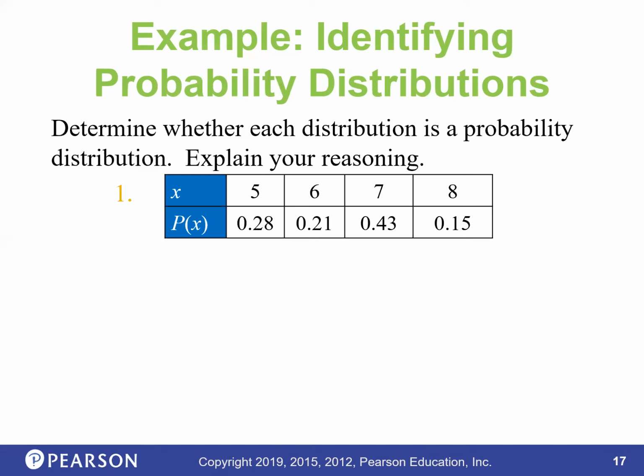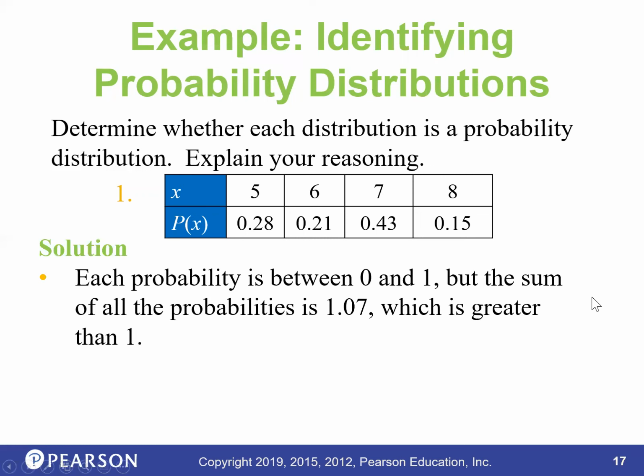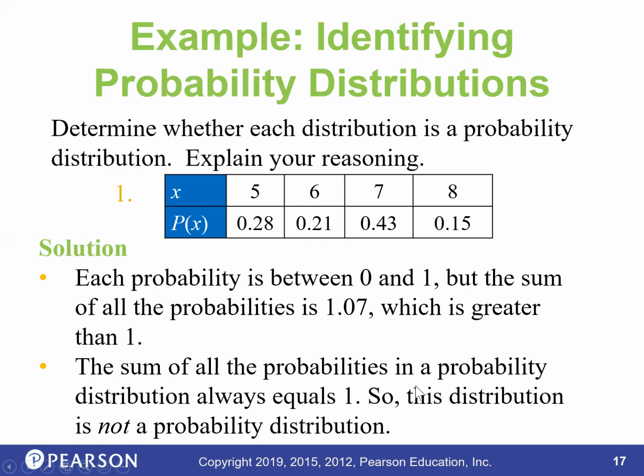What does it add up to? 1.07. Yep, as we add these guys up, it turns out to be 1.07, which is greater than 1. Who cares? It's not 1, right? It could be less than 1. That'd be a problem too. So in this case, this is not a probability distribution. It does not fulfill criteria 2, right? In that way.